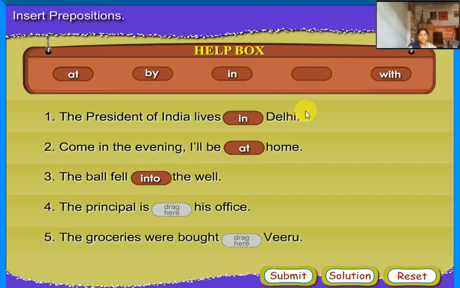The principal is dash his office. In. The groceries were brought dash bureau. By.